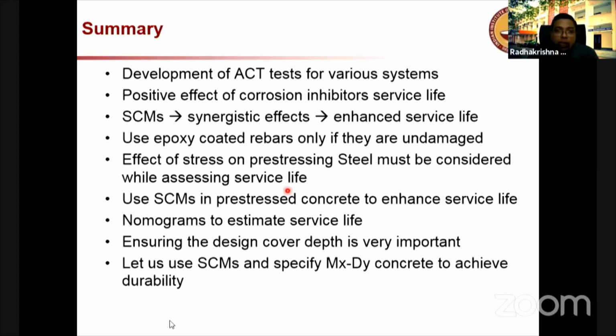It's still an area to be researched. But for now, if you really have to use coated rebars for various reasons, you better go with very, very good quality concrete. Put extra inspectors at site to ensure quality of concrete and cover depth. Otherwise, we will see a lot of problems with these coated rebar systems.